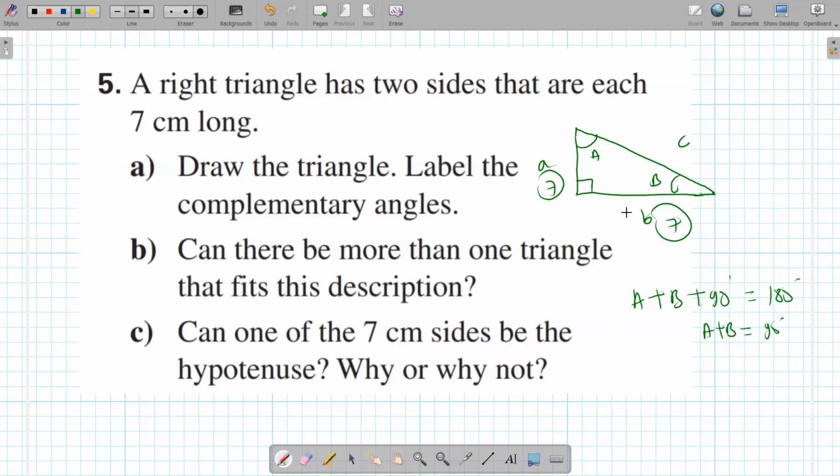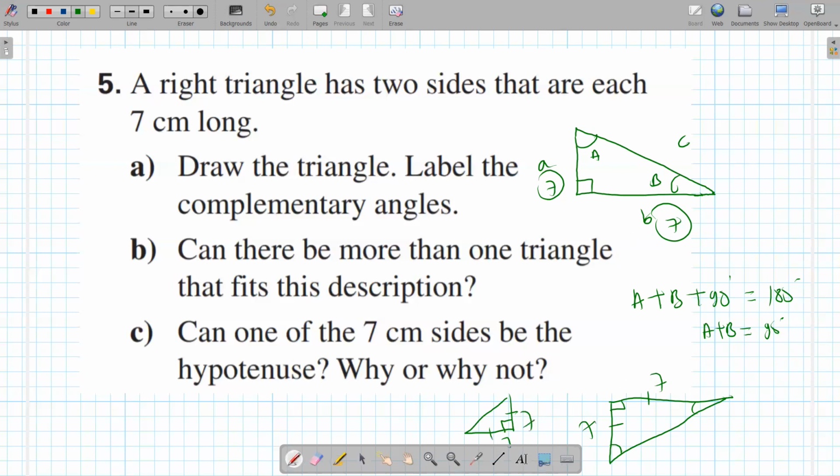This one looks like this. What we can do is turn it upside down, and we can say this is 7, this is 7. Again, these two angles are going to be complementary. Or we can rotate it the other direction. This is 7, this is 7. Or we can tilt it just like that. So there are a lot of triangles you can make just by having two sides.